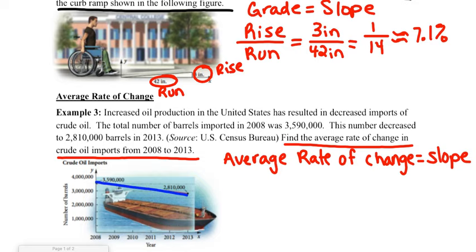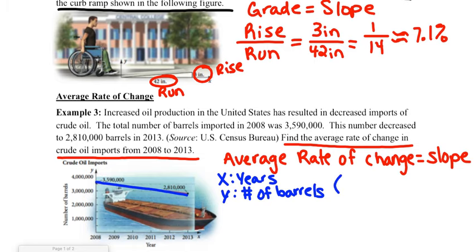So I'm going to go ahead and write these as ordered pairs. It looks like our x-axis is years. Our y-axis is number of barrels. So when I write these as ordered pairs, I'm going to go ahead and make sure x is the year and y is the barrels.